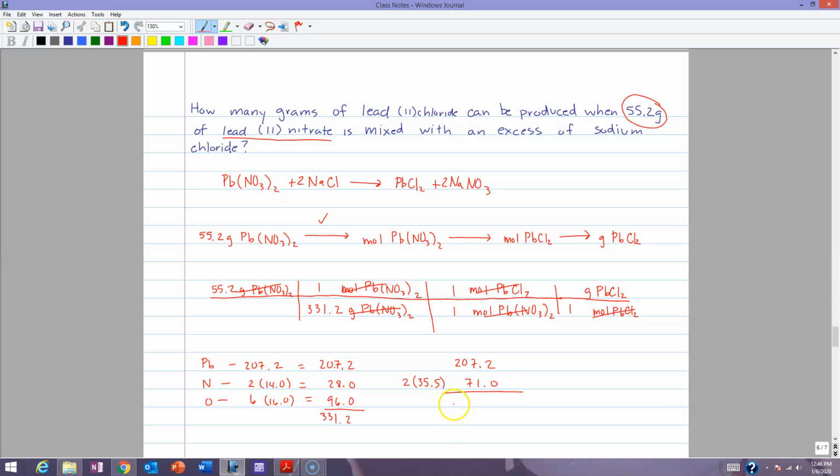So that's going to give me 288.2 grams. So now I've got to do my multiplication and division. 55.2 times 1 times 1 times 288.2 divided by 331.2 times 1 times 1.